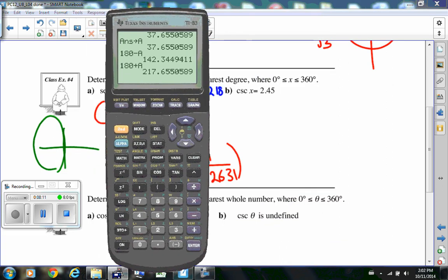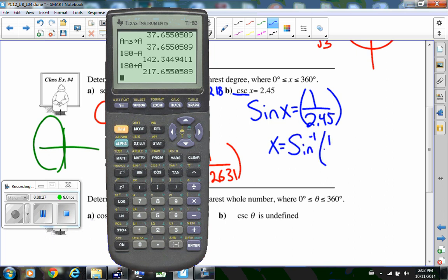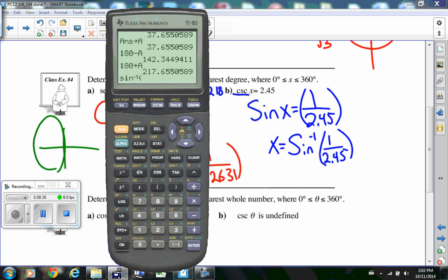For this one, I just rewrite this and say sine x equals 1 over 2.45, or x equals sine inverse of 1 over 2.45. Sine inverse of 1 divided by 2.45, close my bracket.